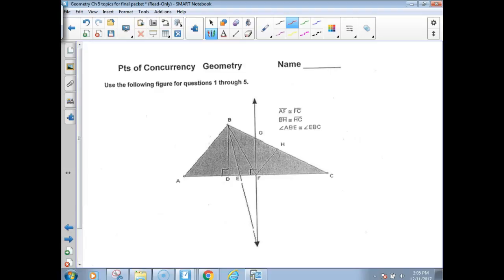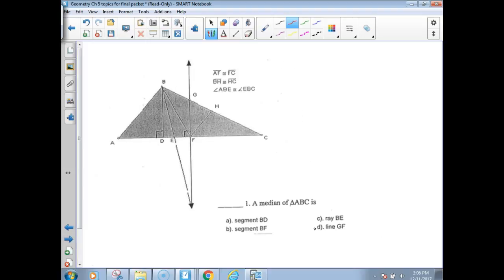All right, let's see if we can identify these points of concurrency. Actually, we're just naming the median, altitude, perpendicular bisector, or angle bisector. All right, I'd like to note these statements up here, and I would like to be able to mark some things on the picture based on those statements.